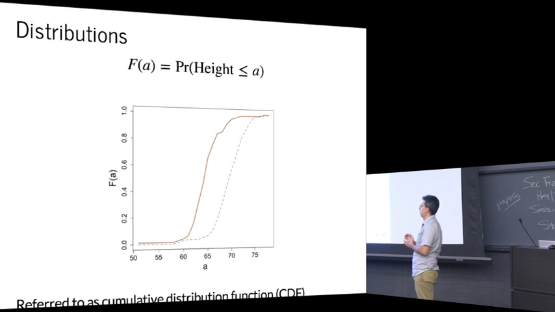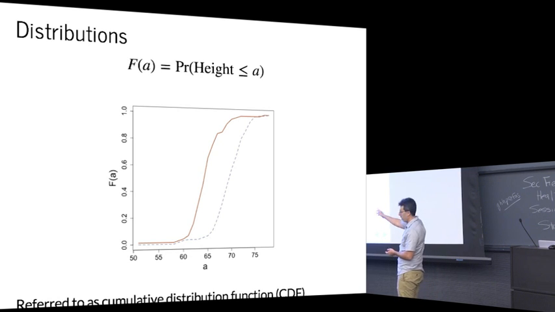Instead I say there are so many people that are less than 5'2", so many people that are less than 5'3", etc. And that describes the list of numbers just the same, because I know exactly how much of each one there is. So that function is the first way we can summarize without losing any information. And I can make a little picture of it.